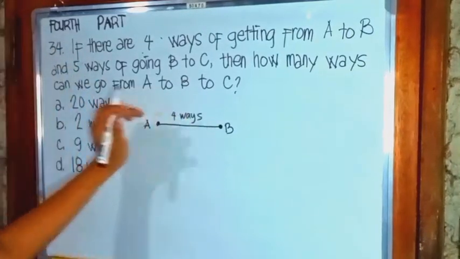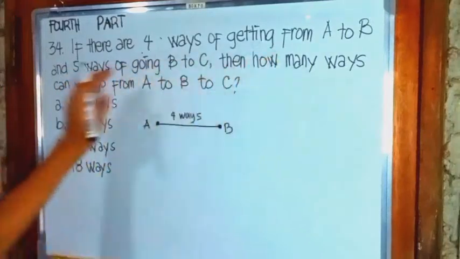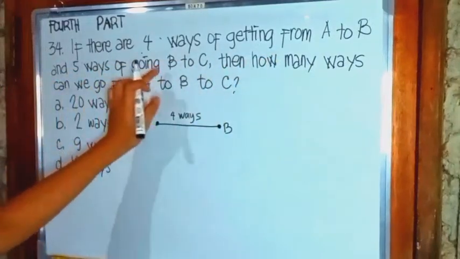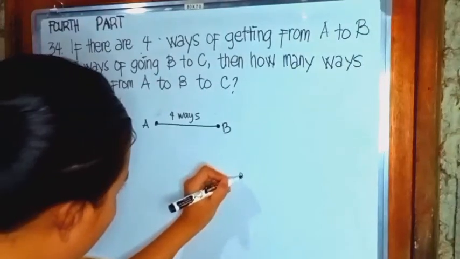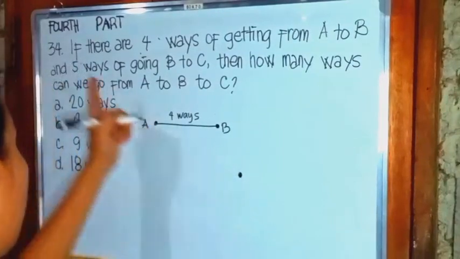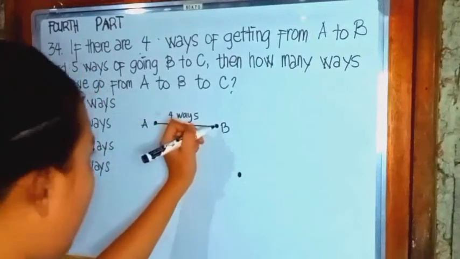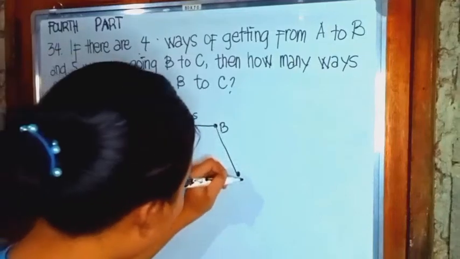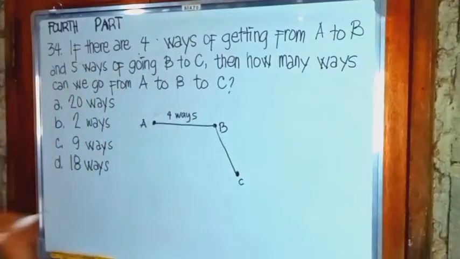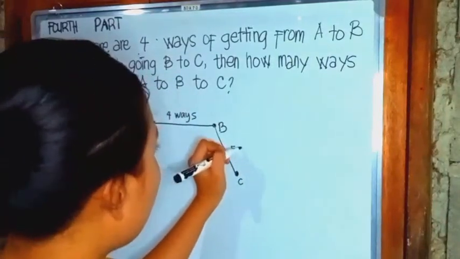And 5 ways of going from B to C. Say this is point C. So there are 5 ways of going from point B to point C.